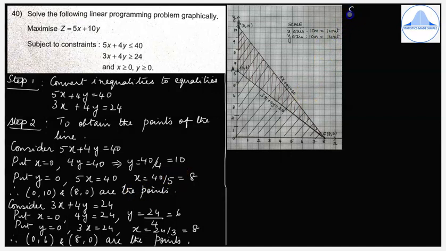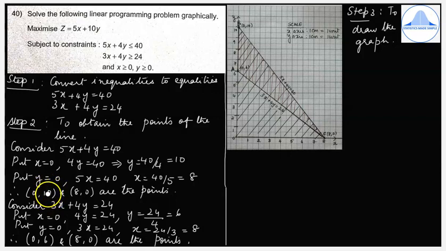Now step 3 is to draw the graph. As you see, I've already attached the graph sheet in this slide. What we have to do is find out the largest y value.